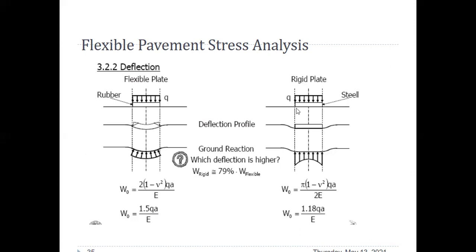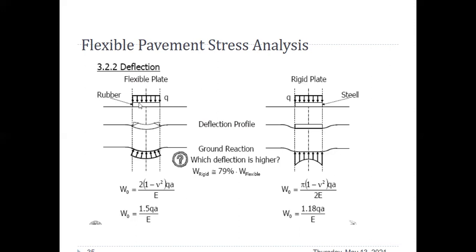And if you were using a steel tire, then obviously the impact of the steel tire will be different. The deflection for a rigid plate will be less as compared to the flexible plate. The rigid plate is actually 79% of the deflection of the flexible.